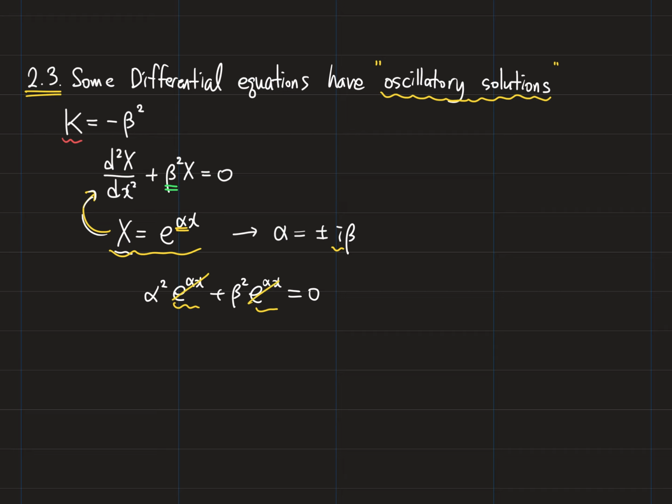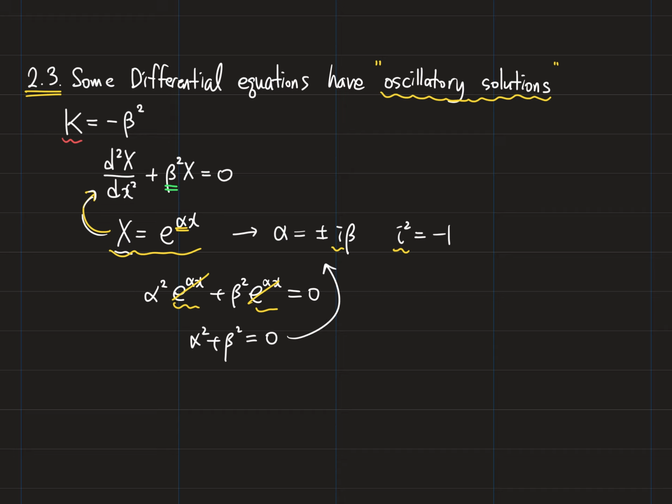So we can divide both sides by exponential alpha x. Then the sum of alpha squared and beta squared should be 0. So that leads to alpha equal to plus minus i beta, where the square of i is -1. This is the notation for the imaginary number.